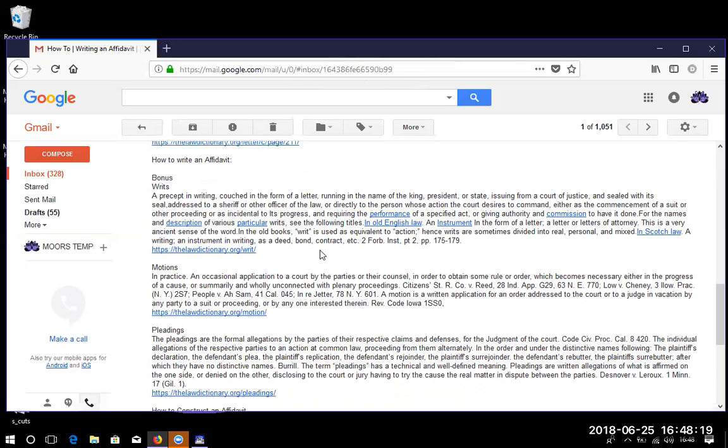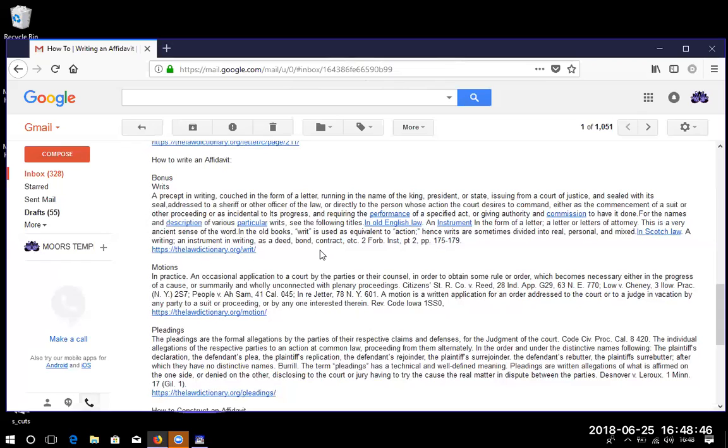A motion is a written application for an order addressed to the court or to a judge in vacation by any party to a suit or proceeding, or by anyone interested therein. All right.